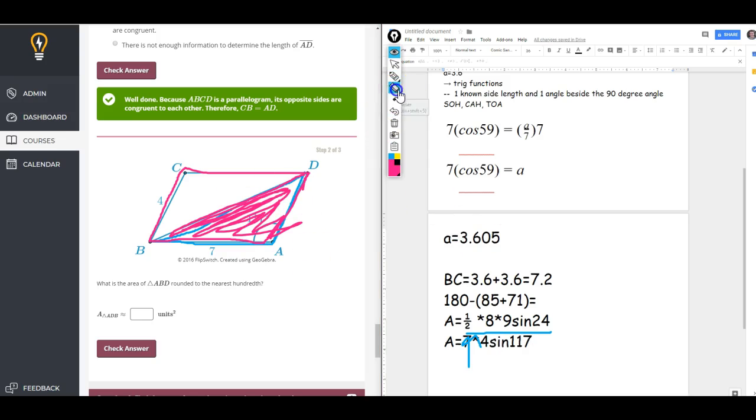That is the step I would have taken, because there's a connection between that 1/2 and the triangle that is in the parallelogram.